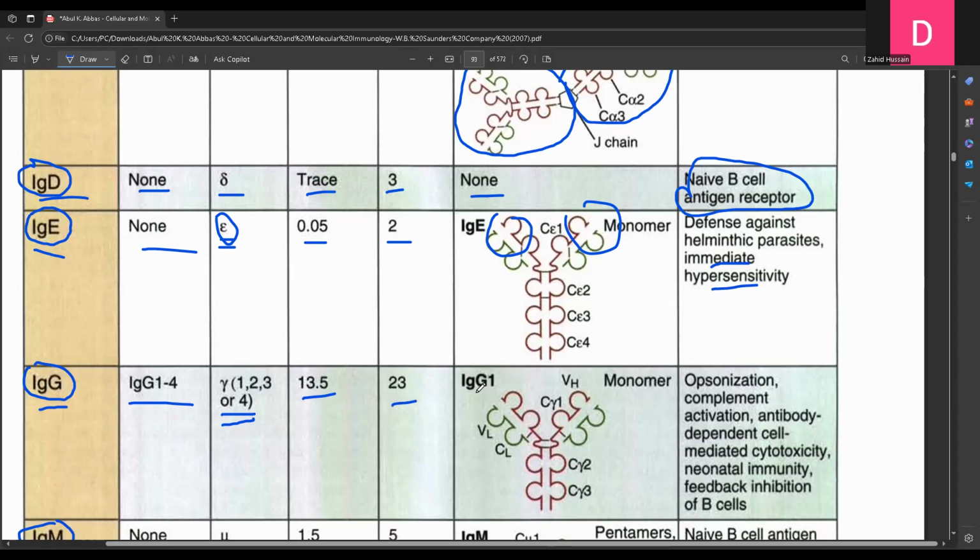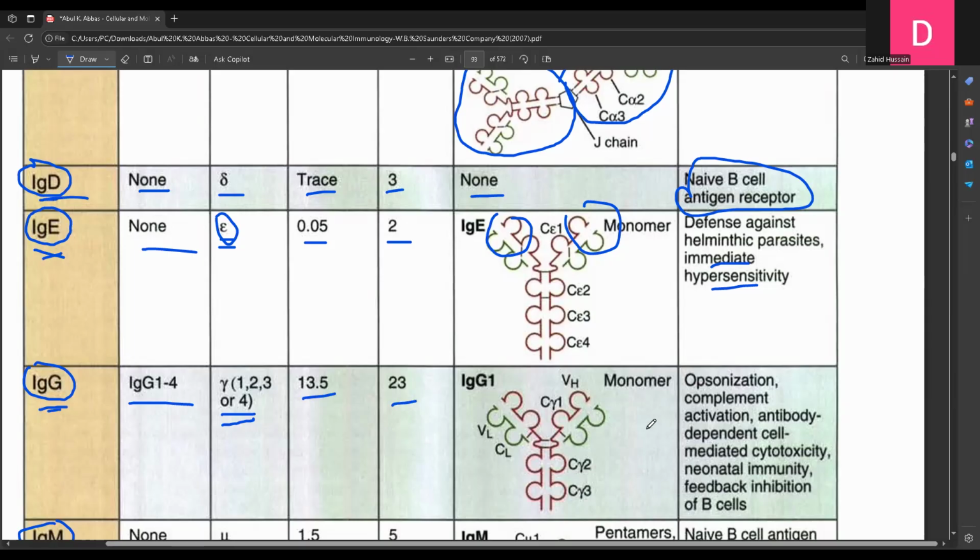And here you can see this IgG1. These IgG antibodies are in the monomeric form, IgE is in the monomeric form, and IgD is never secreted, but if it is, it should be in the monomeric form.